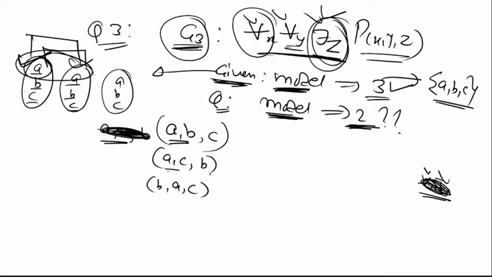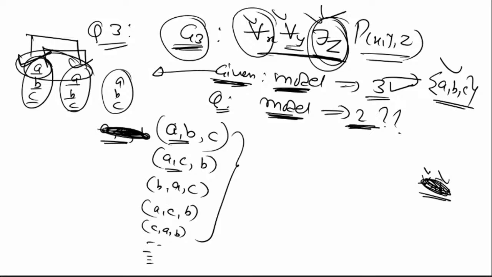For this A comma C, this B is there. For this B comma A, this C is there. For this A comma C, B is there. For this C comma A, B is there. Like this I am doing. You can see that I have satisfied this given condition, because for this A comma B comma C, of course some more things are there, you can add them, but you are getting the idea of what I'm trying to do.